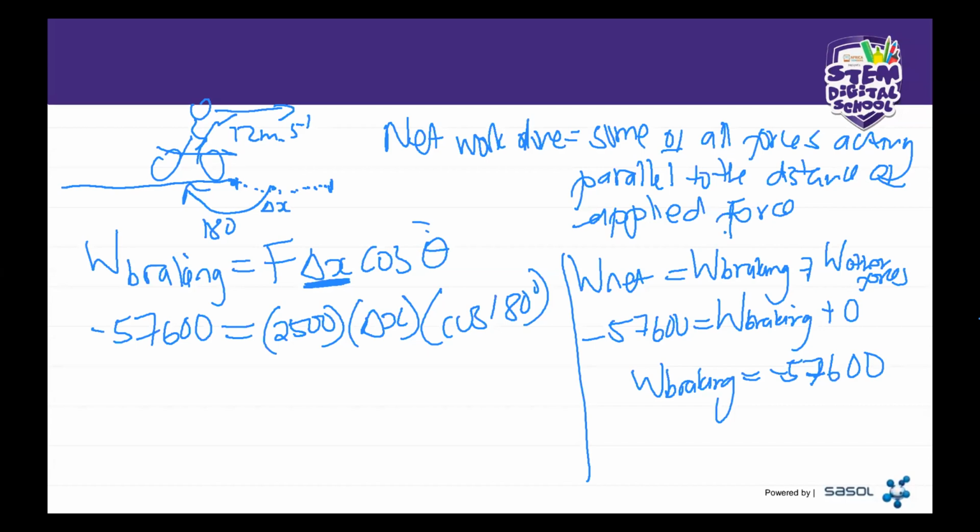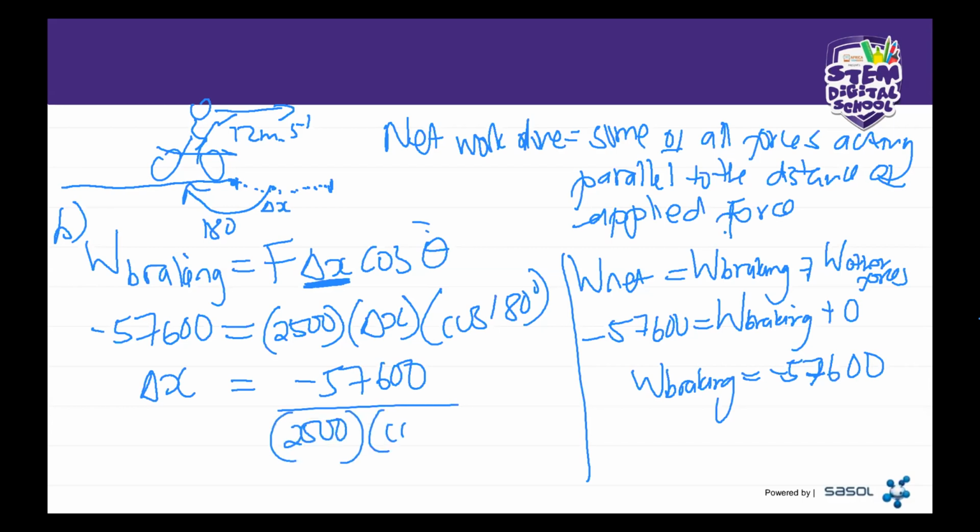Okay, so that's the answer for number B. So that's how we found our... Now we have to look for the change in X. Our change in X is going to be minus 57,600 divided by 2,500 times cos 180 degrees, and that is going to give us an answer of 23.04 meters.